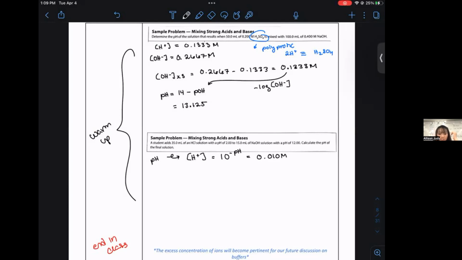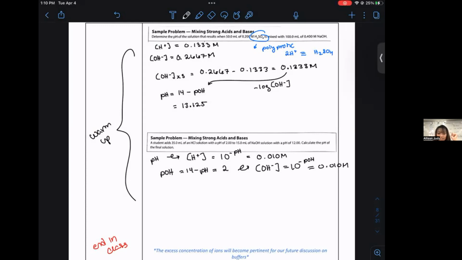And then you would have found the pOH, because you want to find what pOH is as well. You would have had to find that the pOH is 14 minus the pH that you found, and that would have given you 2. And then from there, you could find the concentration of the OH. So this was a workaround way. And you would have found that the concentration of OH is also 0.010 molarity.